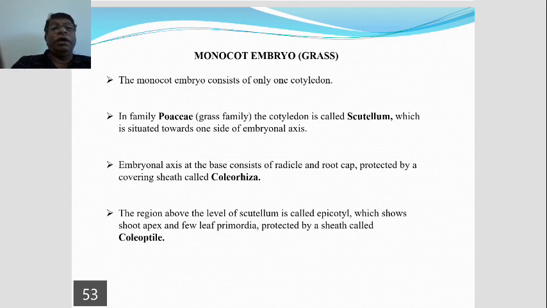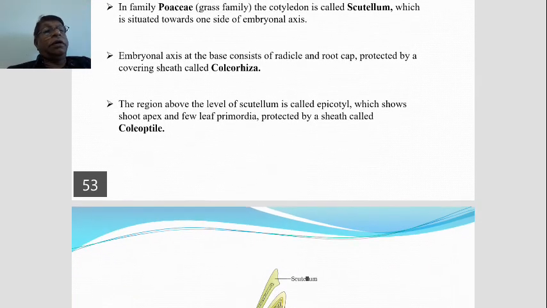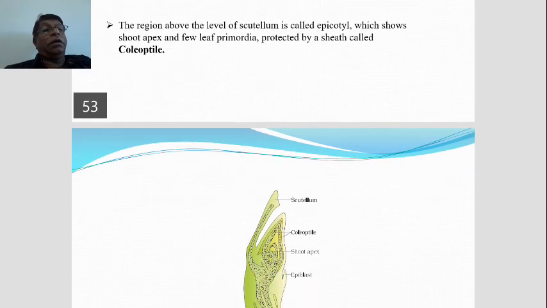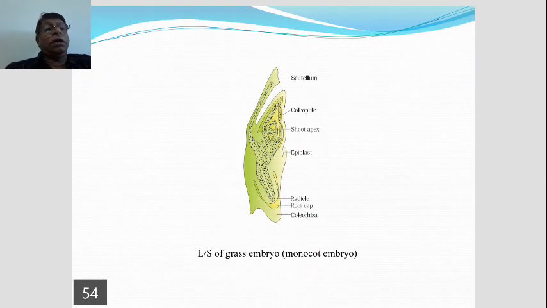We don't find this in dicots. Scutellum is also absent in dicots. So that's all the difference between monocot and dicot embryo. Now we shall pass on to the next one. See the diagram.